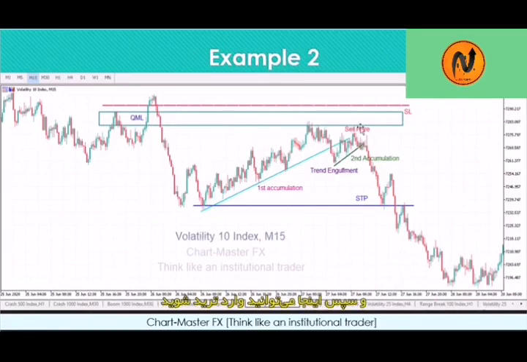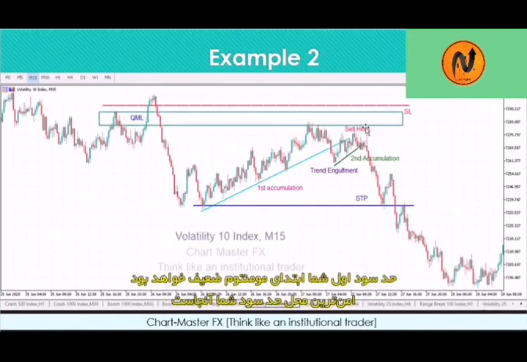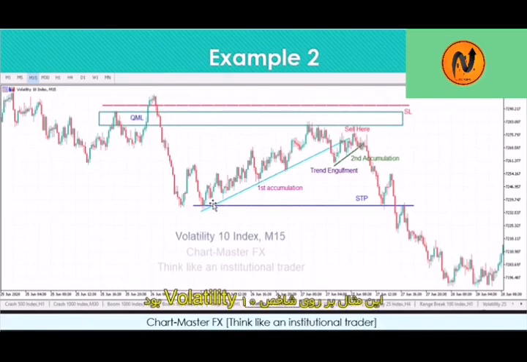Then you can place your trade here, guys. Your safest take profit will be at the beginning of the weak momentum. That will be your first profit. So, guys, that's it on Volatility 10 index M15 here.